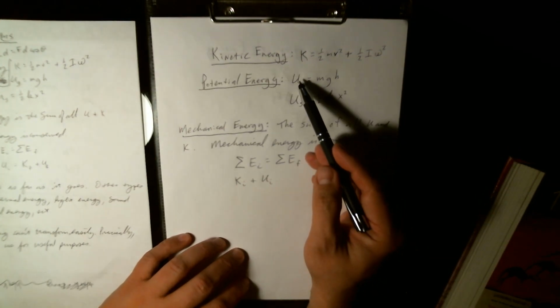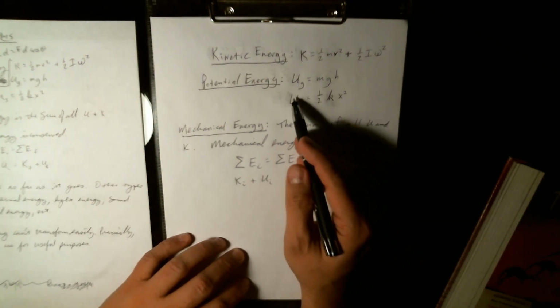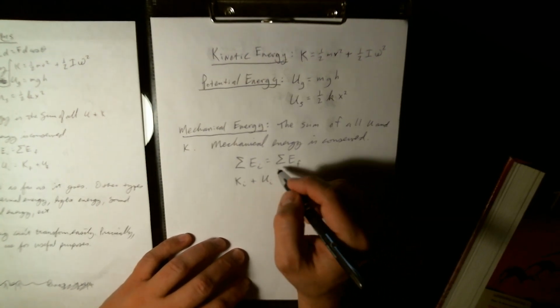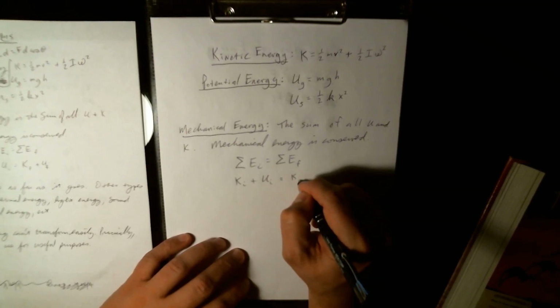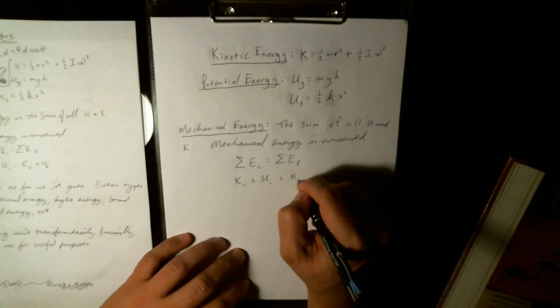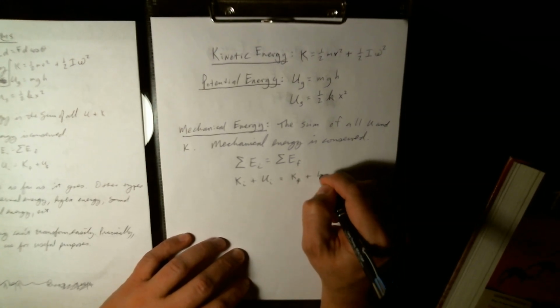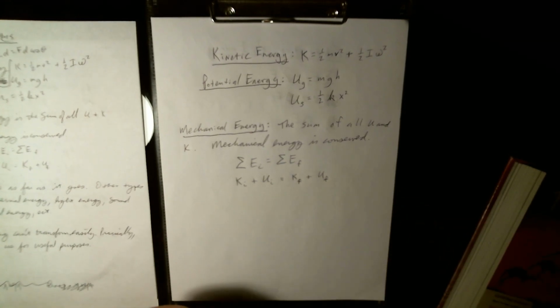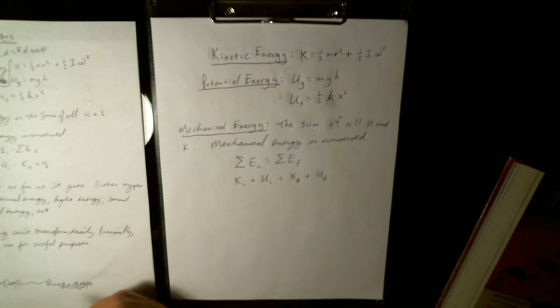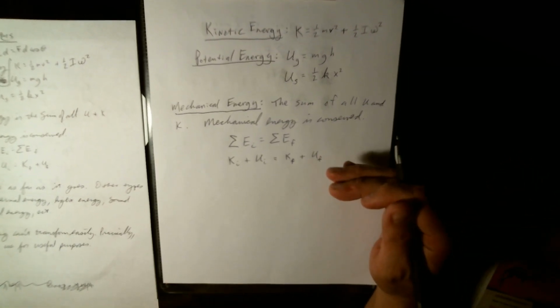Like I might have some potential initially for gravity and some potential initially for the spring, but whatever they are, you add up all the potentials initially, and that has to be equal to all the kinetics finally plus all the potentials finally. And this was a statement of conservation of energy for us, but it was really a statement of mechanical energy being conserved.